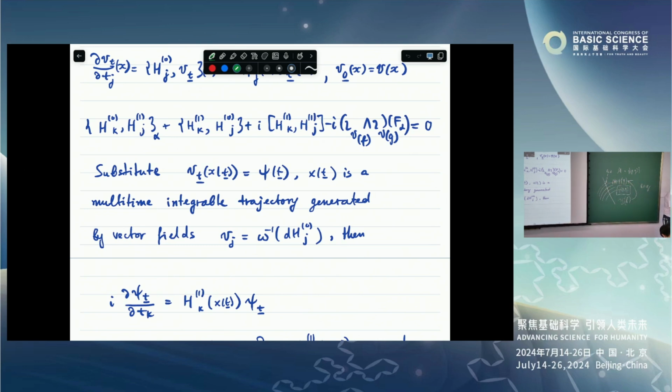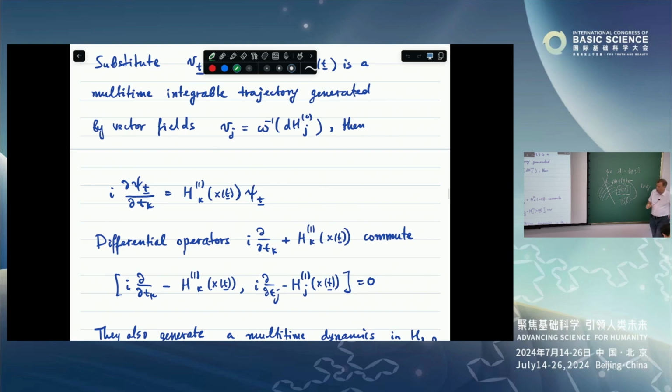So then, it's interesting. We have the multi-time evolution for these functions on the phase space, but now it's really like a flat connection. It's a system of differential operators, and they must commute, generically.